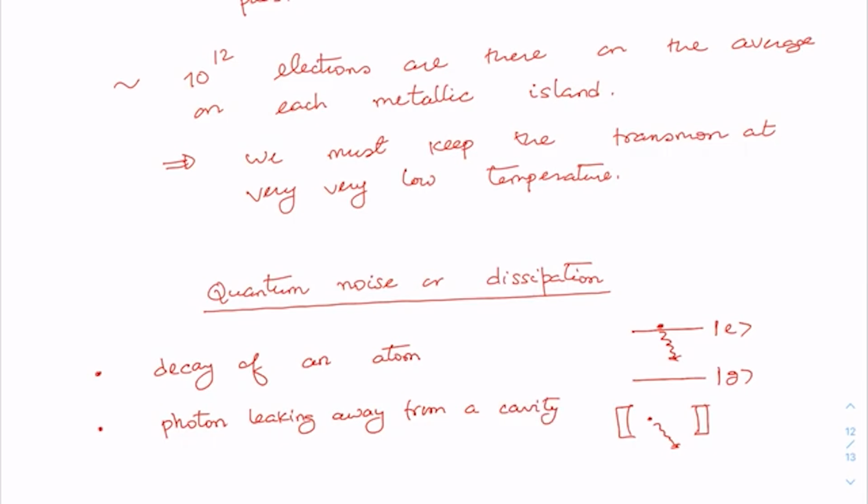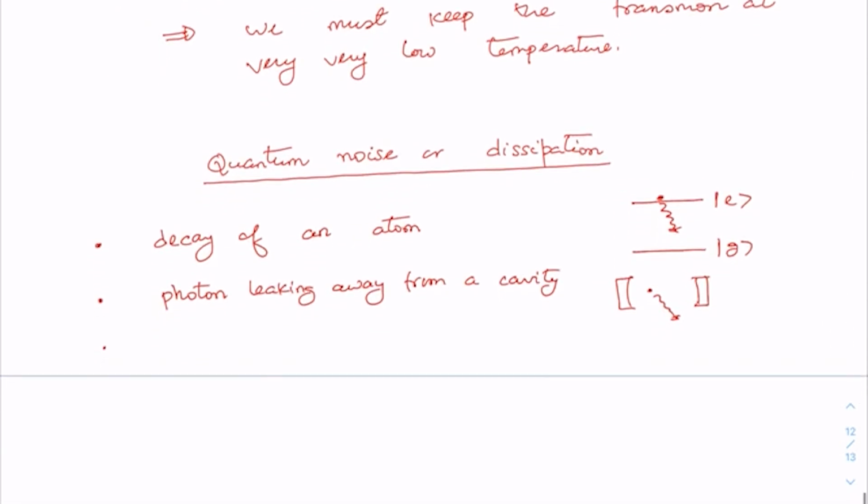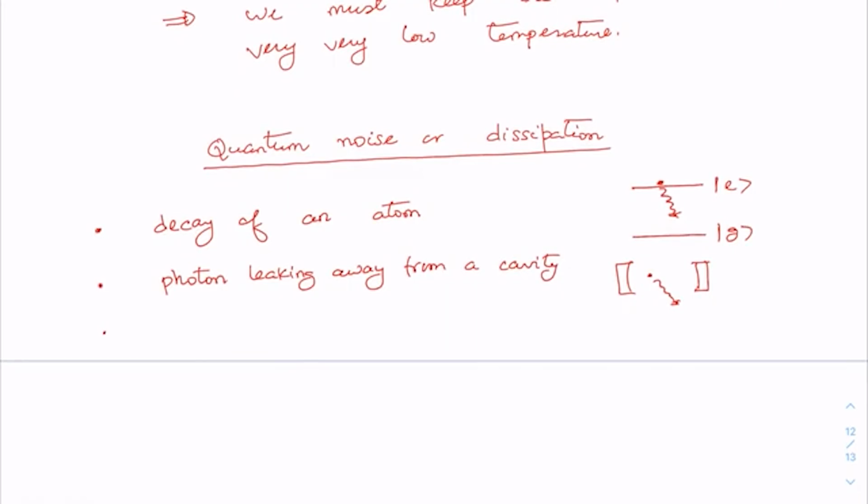And there is also something called decoherence or dephasing, which typically means destruction of superposition states. Again, we have a two-level system and a superposition state like Cz times the state Z plus Ce times the state E. But this superposition state cannot be maintained for a long time; it generally decays.